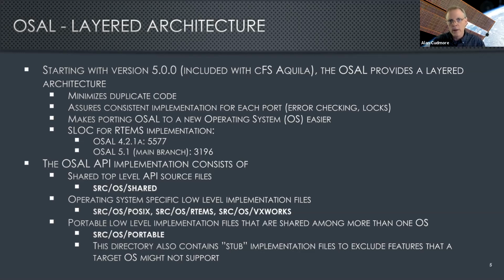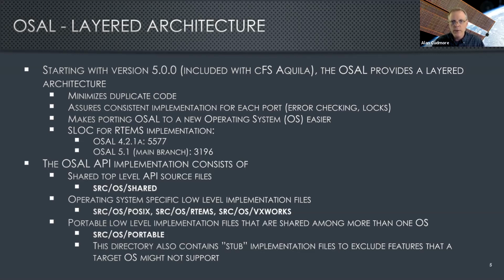Then we have our operating system specific low-level implementation files, which currently include POSIX, RTEMS, and VxWorks. Finally, we have a portable low-level implementation for all the files that can be used across more than one OS.